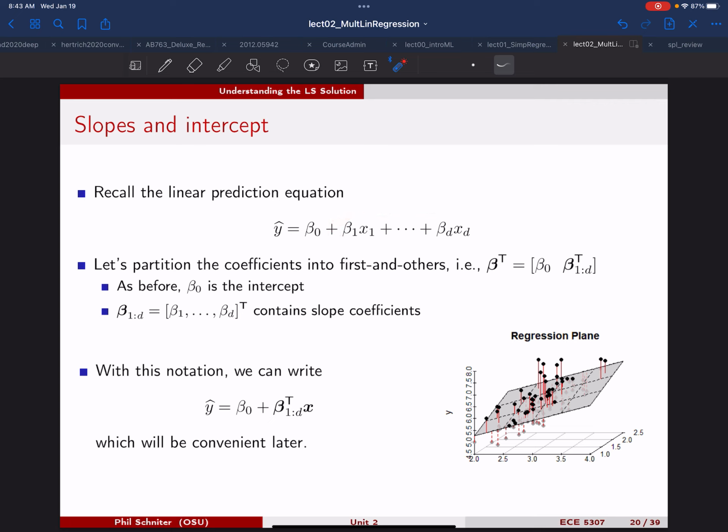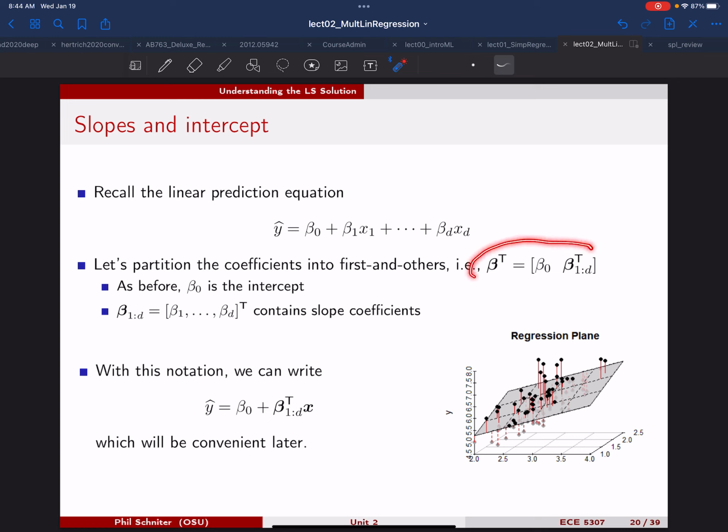So because they work in different ways, let's partition our beta vector into the first term and the rest of the terms. And the notation I'm going to use for the rest of the terms is the boldface beta, but then in the subscript, I'm going to put 1:d. That just means beta with coefficients 1 through d, in other words, leaving out coefficient 0.